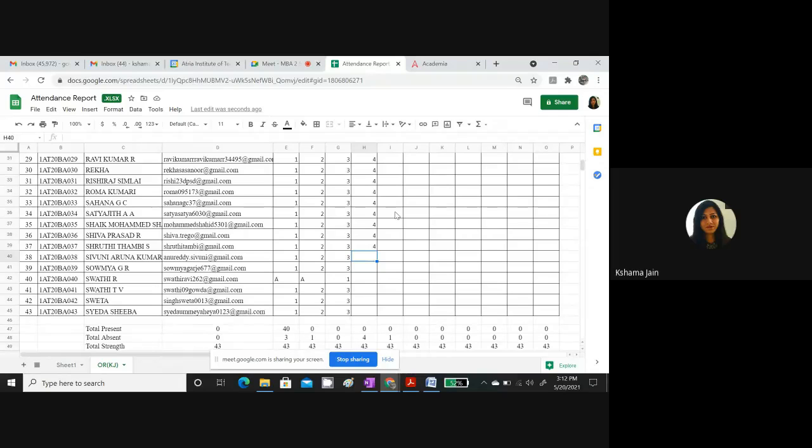Because she had some network issue, she had to log off and log in again. When she's logging in, she's not able to join the meeting. But she was there in the beginning of her class. Yes, ma'am, she was there. A nice friendship you people have. Soumya? Present, ma'am.